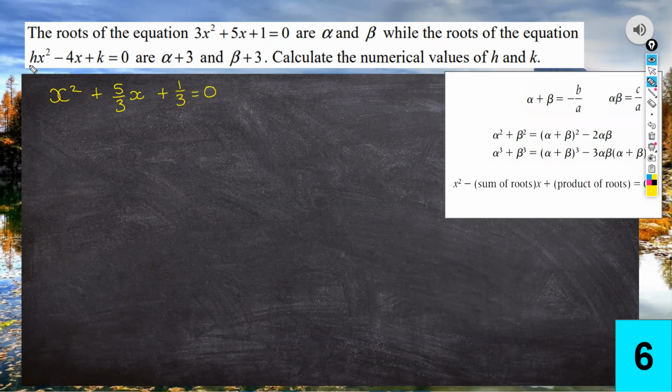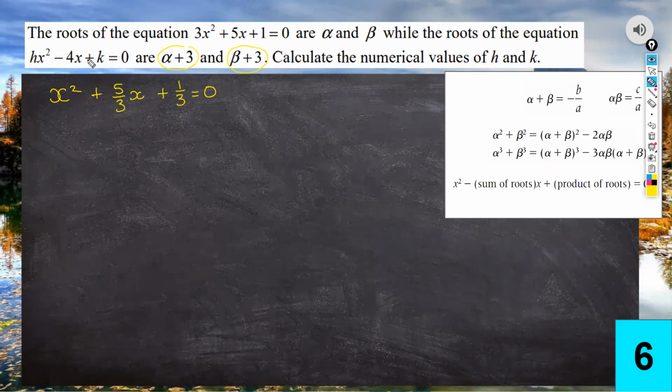Now, a lot of people are getting confused by this. The hx squared, you can ignore this. What they're really trying to tell you is that the new quadratic has new roots, and since it has new roots, the quadratic will look different. So at the end of the day, you're just trying to find the new quadratic.